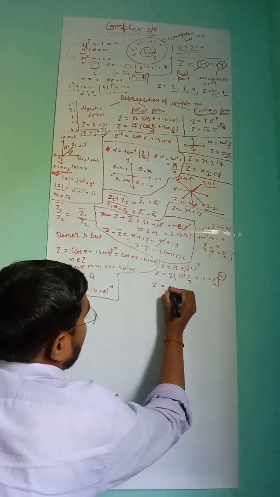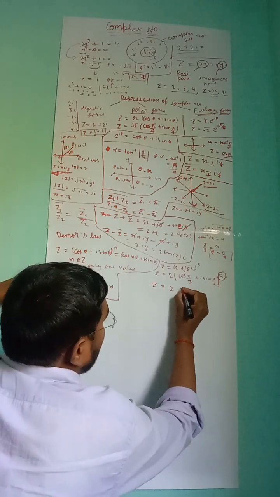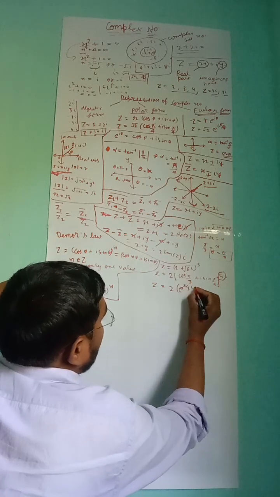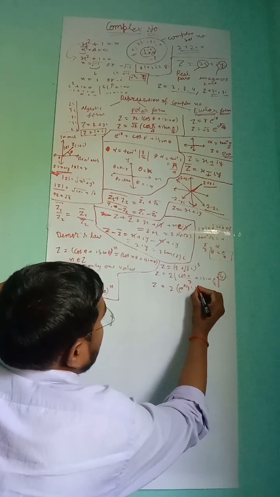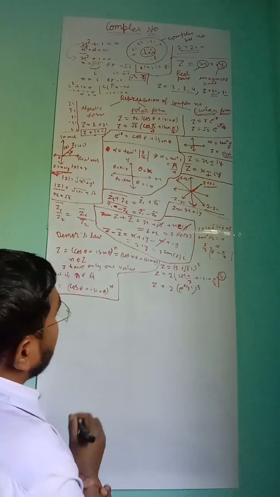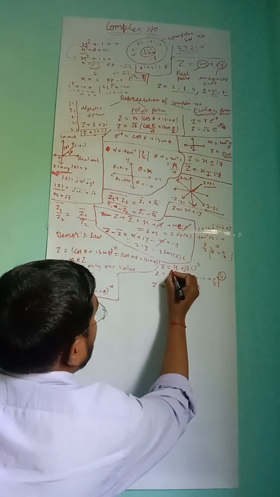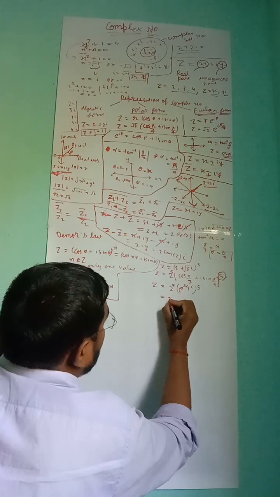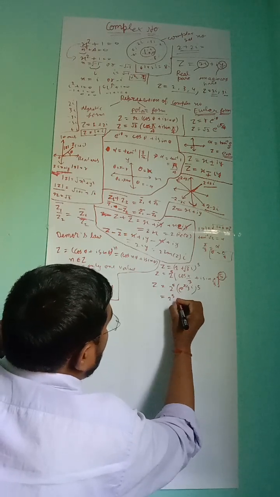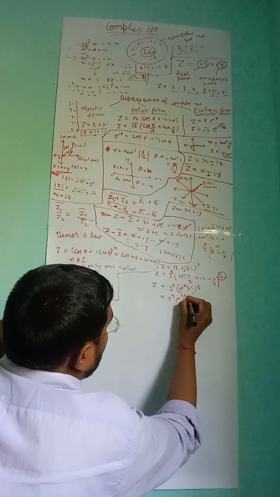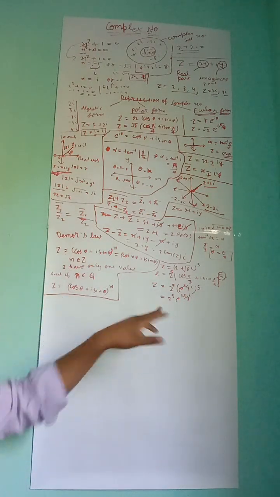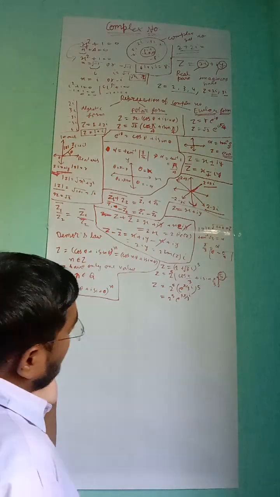Or we also write it as e power pi by 3 iota, power 5. This is also power 5. So 2 power 5 and e power 5 pi by 3 iota. So this is my z here.